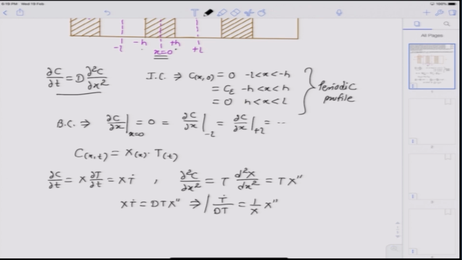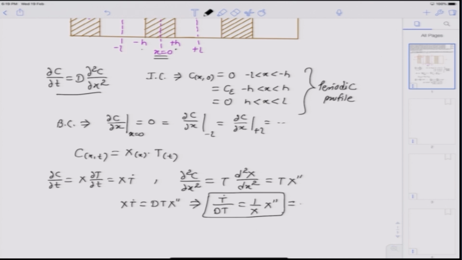Now, if you look at this equation, the left hand side is only a function of time t, and the right hand side is only a function of distance coordinate x, and x and t both are independent. So, this equality would be true only if both the sides are equal to a constant.